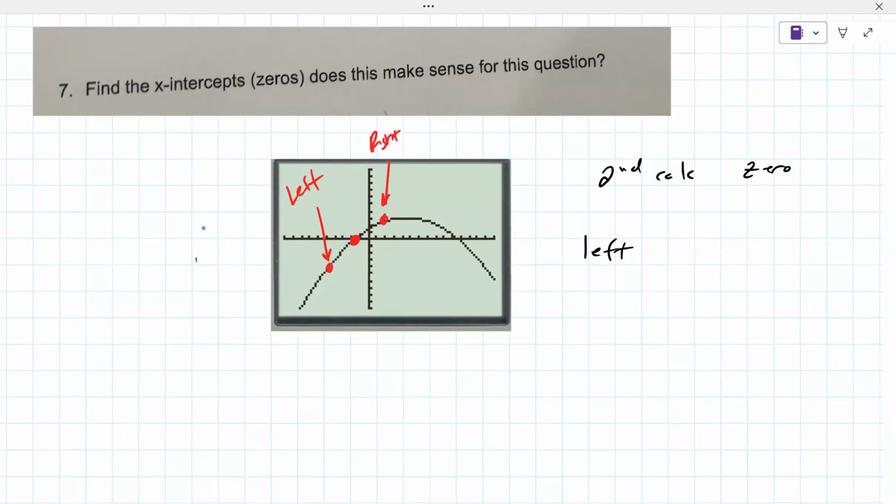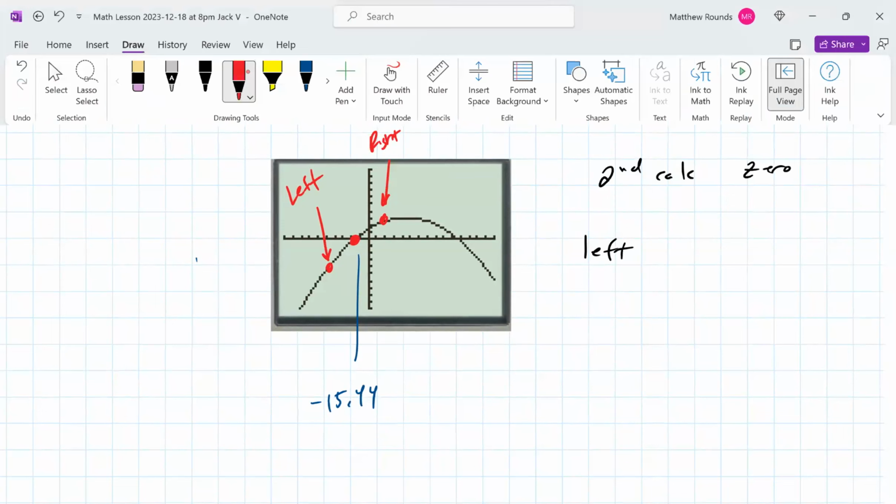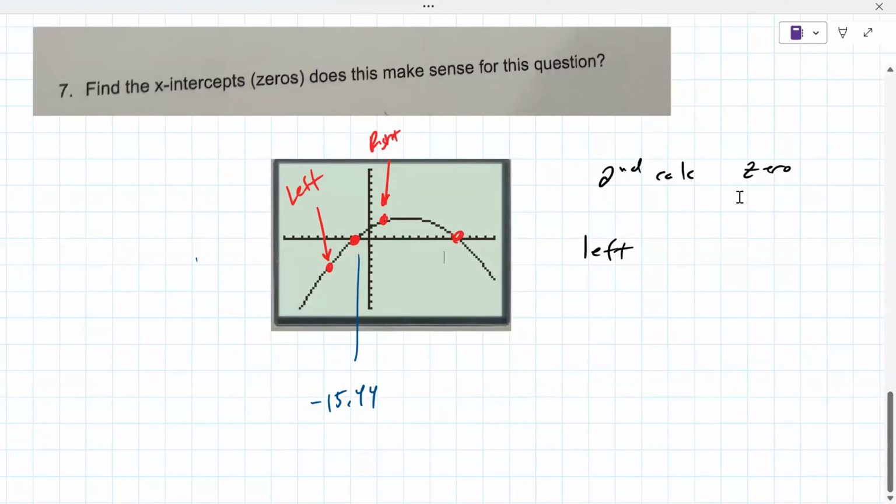Are you able to follow that? Give me that value. Yeah, I don't know if I did this right. Negative 15.44594. Okay, sure. Sounds good. So let's do the same thing for the other one. You got to do a second calc 0 again. This time your left is a little bit above. That's okay.